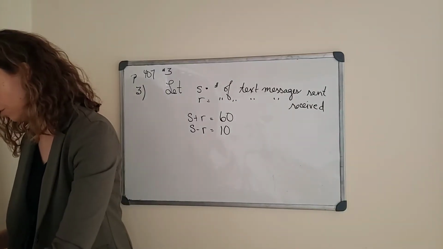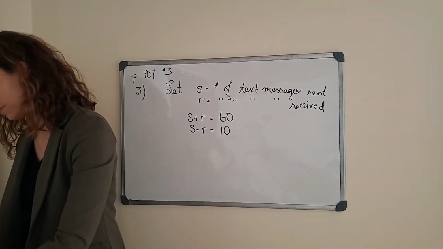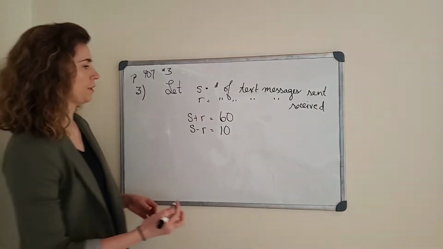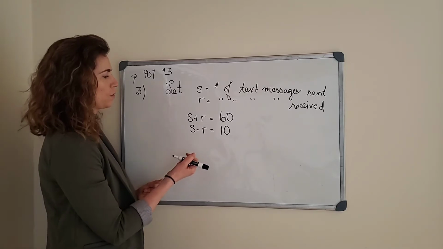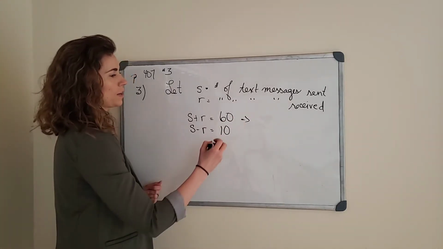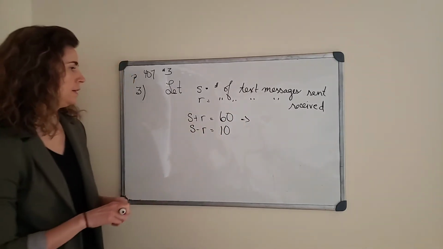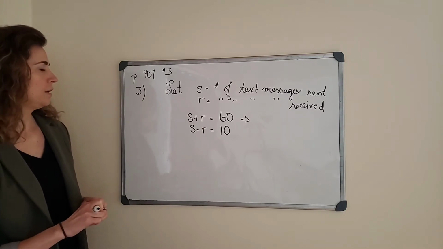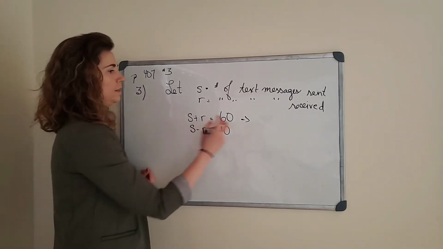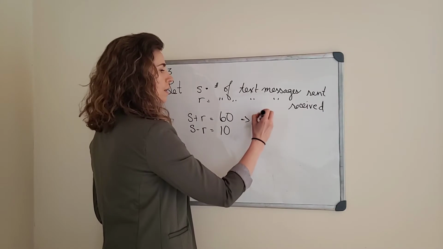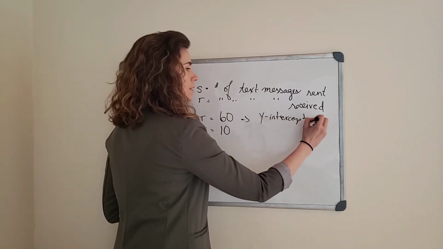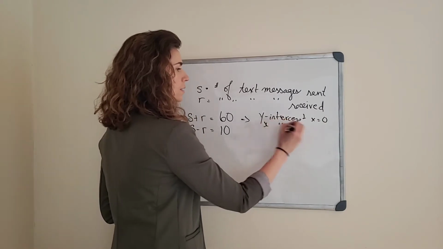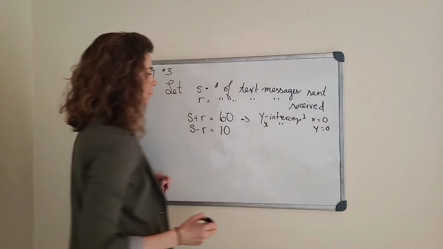Then it says, graph the linear system, solve this problem. All right, let's go ahead and do that. So different ways you can do this. I'm going to go with, for this one, finding my x and my y intercepts. I'll just remind you that our y-intercept is when x is 0, and our x-intercept is when y is 0, okay?